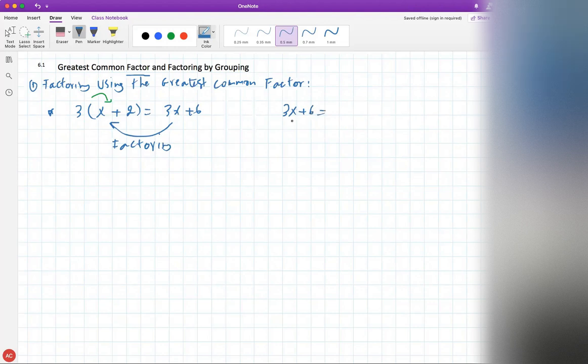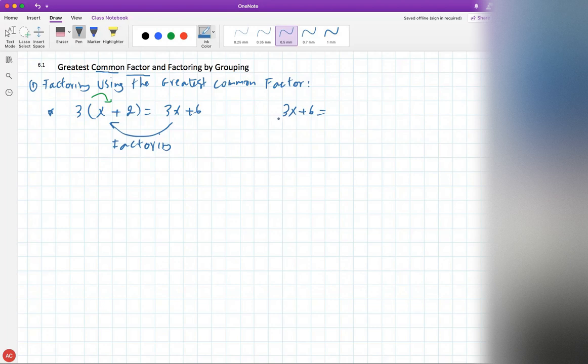So we look at the polynomial or whatever expression we have, and we look for common factors. Okay, common factors, meaning the numbers or the variables that both these terms, or you may have more terms, these terms have.